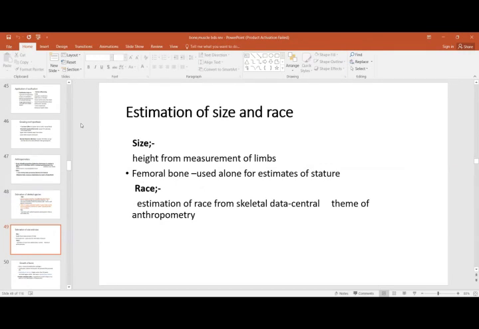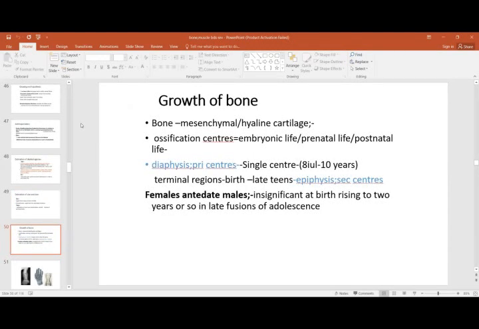For race, certain data from anthropometry is used. Then the growth of the bone, that is again the ossification: primary center, diaphysis before birth, epiphysis, secondary center after birth. And we said females antedate the males. So the time period is going to help in the growth of the bone.